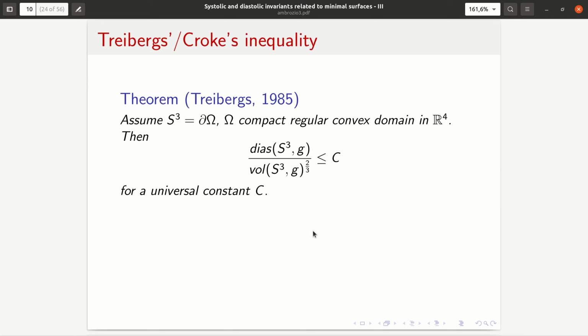This boundary comes with the induced metric, and what Treibergs tells us is that with respect to this metric, the normalized diastole of this sphere is at most a constant C that is universal, doesn't depend on omega or anything else.